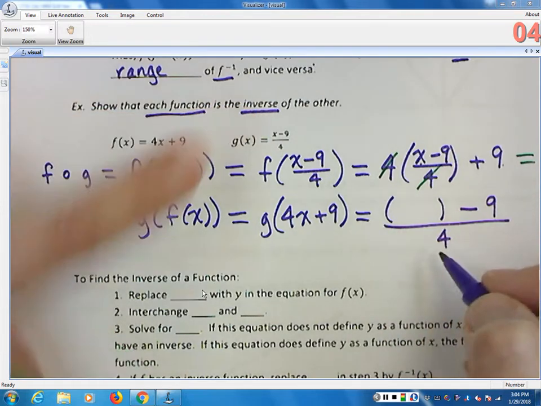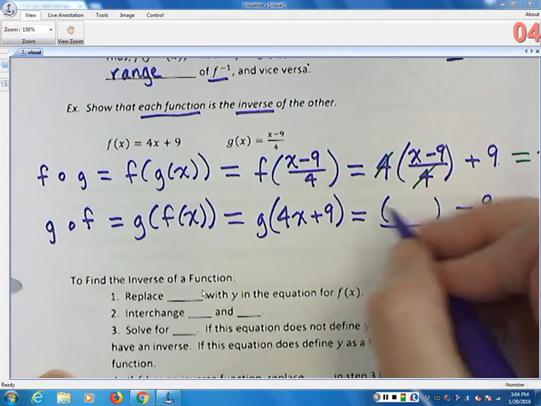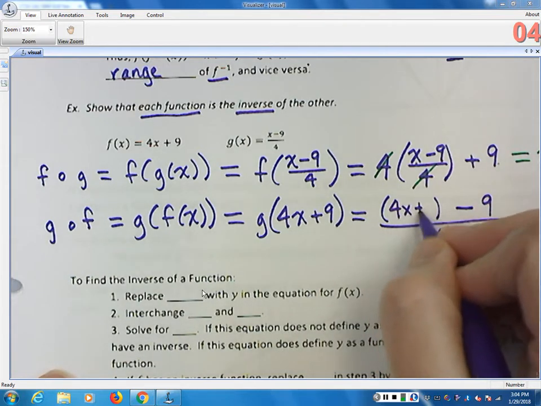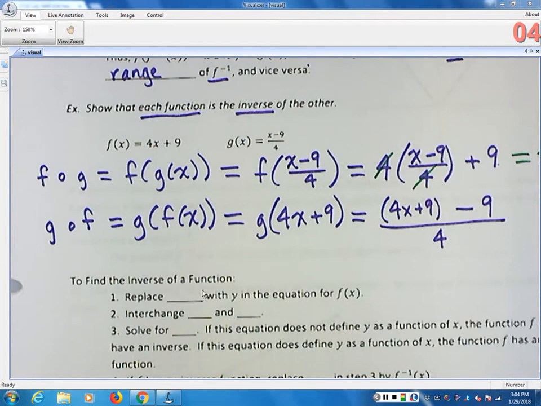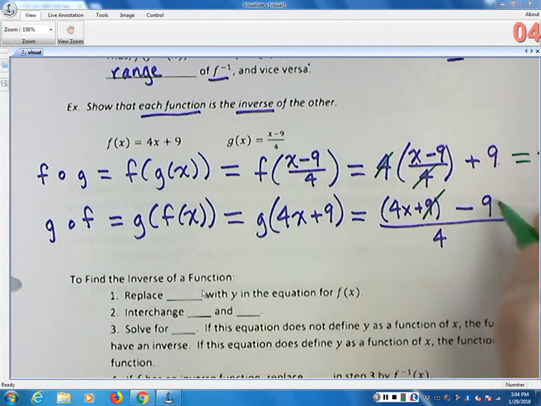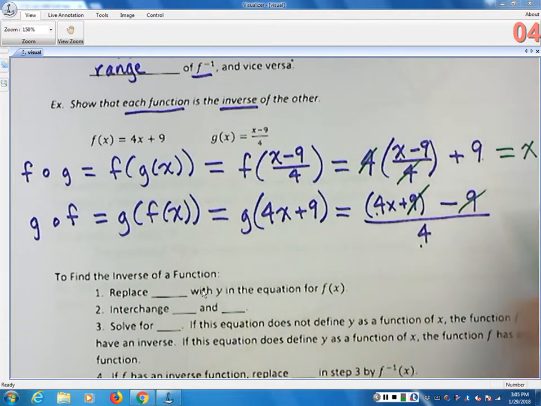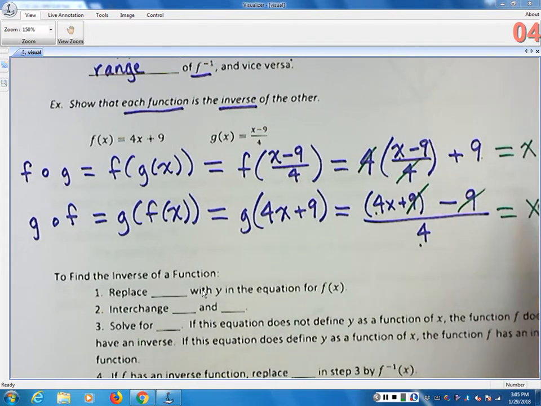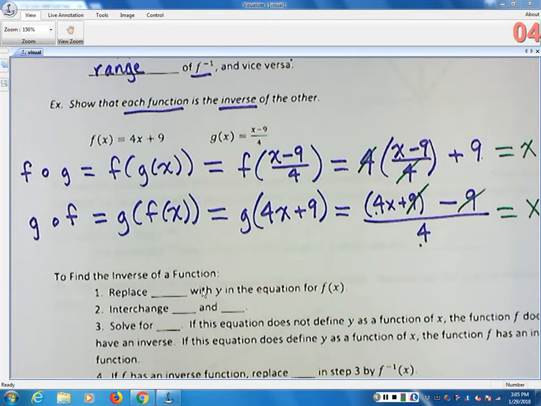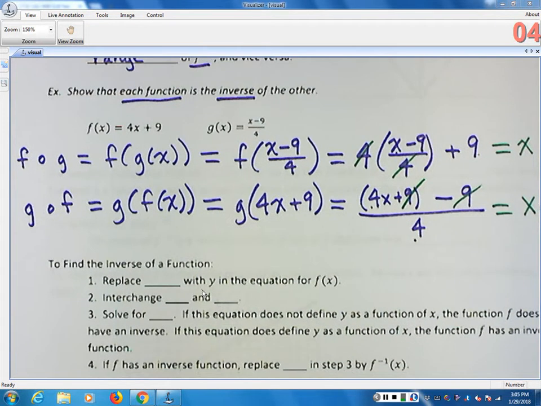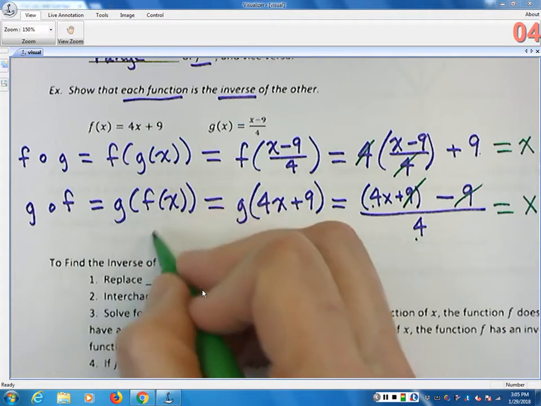So there's our function g. 9 minus 9 is 0. 4x divided by 4 is just x. So these are inverses.